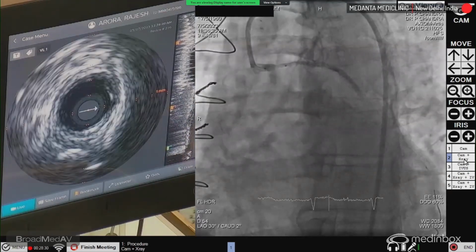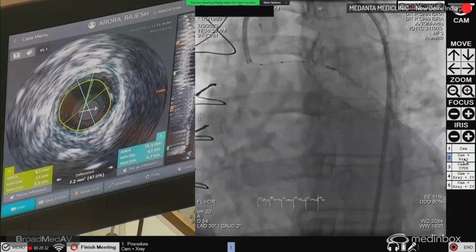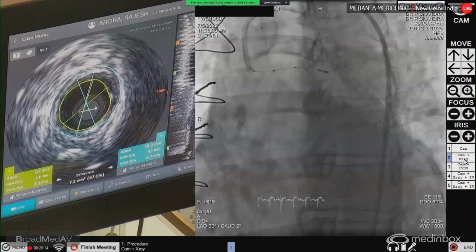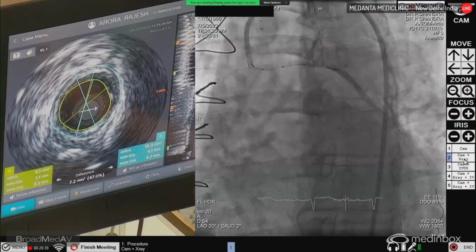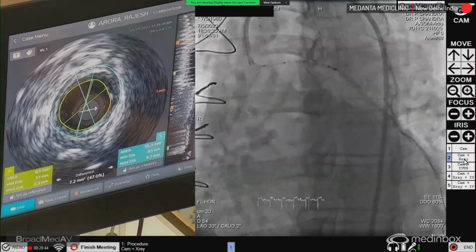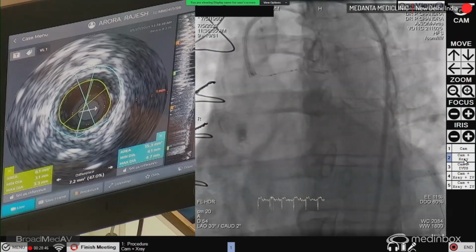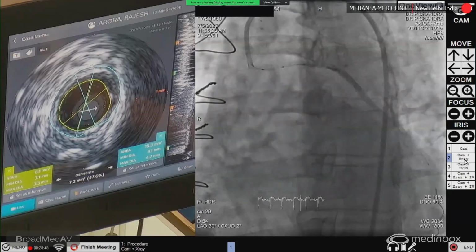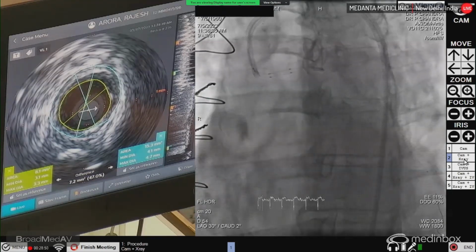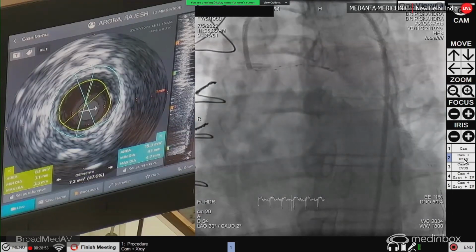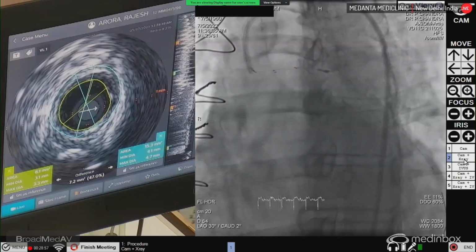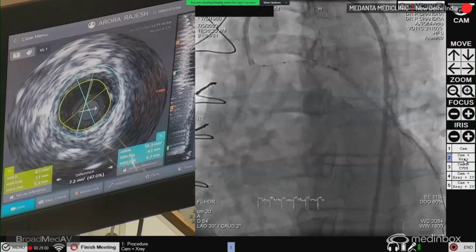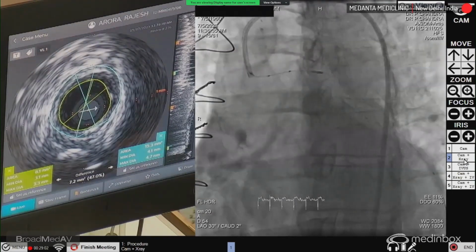Distal, please. Oh, 3.3. So we can use a 3 also, we can use a 3.5. I will prefer to use a 3.5 because I don't want to go to very high pressures. Yes. Give me a 3.5. We have a 3.5 into 32. Give me a 32. So we are taking an SR Summit, which is a Robicol plus sirolimus eluting stent with no polymer.